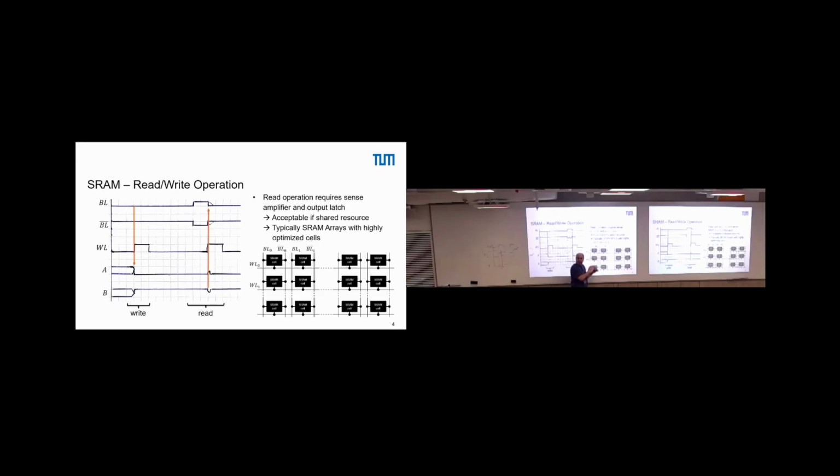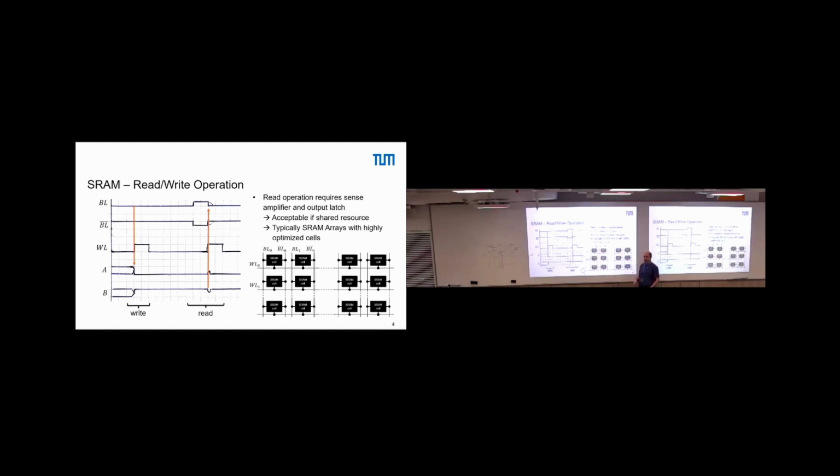You have such a structure, and at the end you need some sense amplifier, some register, and you need to decide which words are used, so you need some control logic.